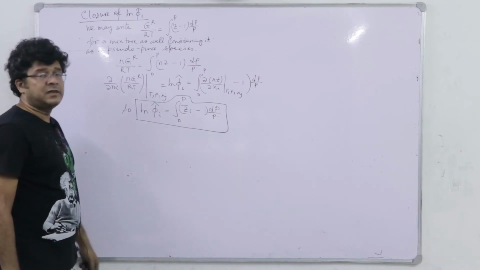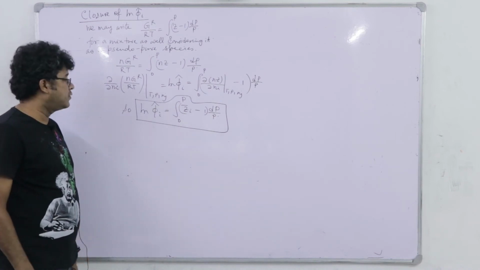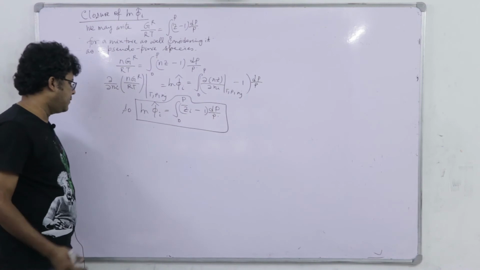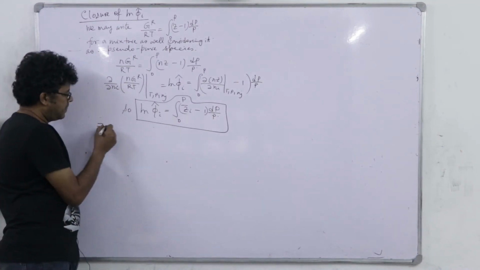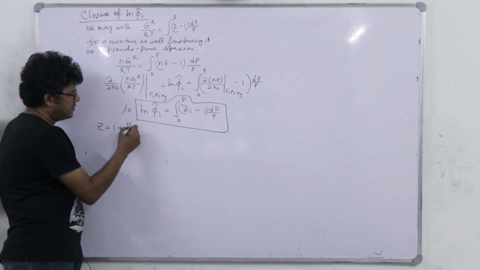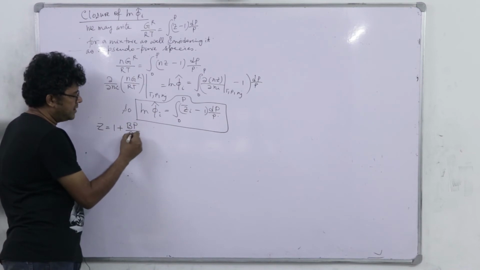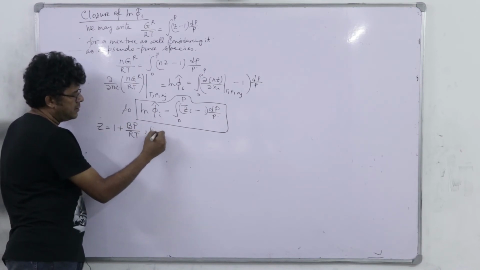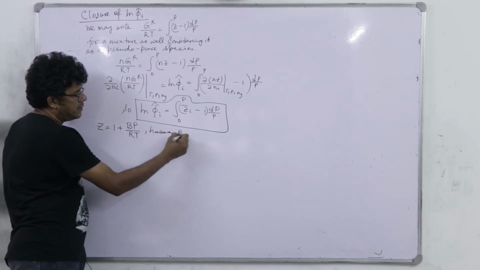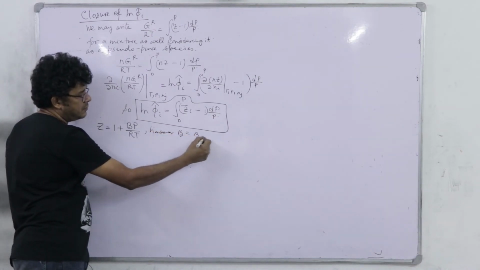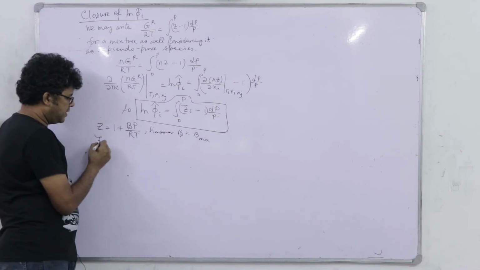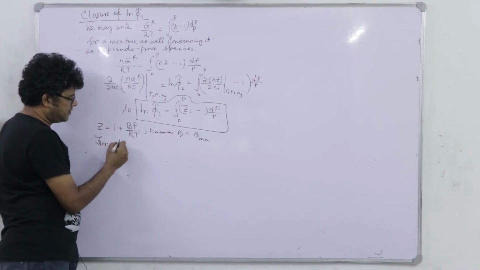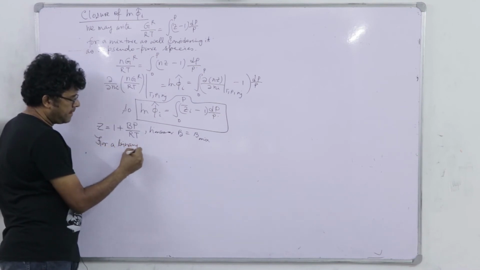Now, with this equation, we will try to solve it using the same virial equation, that Z is equal to 1 plus BP by RT, right. However, here B is B mix. Now, let us consider a binary system for simplicity.